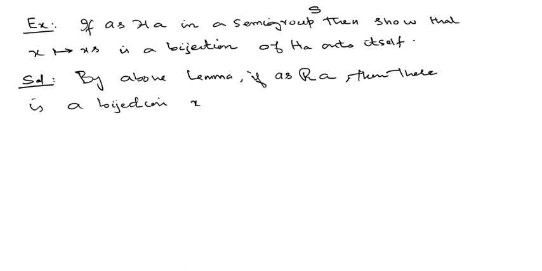There is a bijection which maps X onto XS, from HA onto HAS, HAS onto HA. ये हमने जो इससे पहला वाला लेमा है उसमें हमने किया है. वहाँ पर D रिलेटेड थे तो फिर वो C वहाँ पर आ गए, A is R related to C and C is L related to B, तो A और C के दरमियान HA और HC के दरमियान वो बाइजेक्शन आ गई, HA to HC if A and C are related. यहाँ पर AS और A are related है, so then this is a bijection from HAS onto HA.